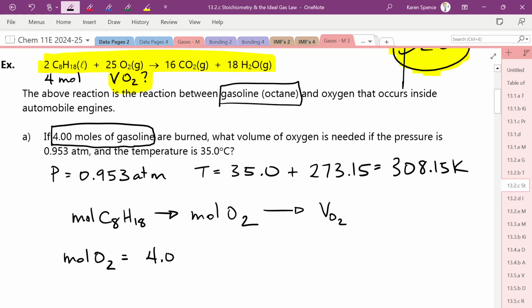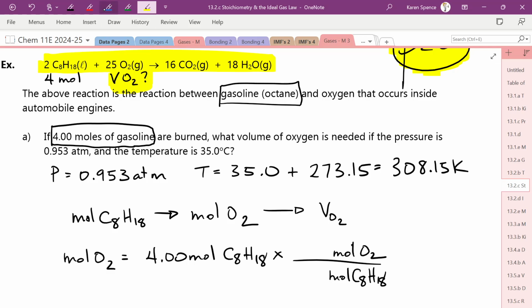Starting with our 4 moles of C8H18, we would cancel moles of C8H18, and we want to find moles of O2. Our numbers from the balanced equation are 2 octane or gasoline for every 25 O2. So 4 times 25 divided by 2 is 50 moles of O2.